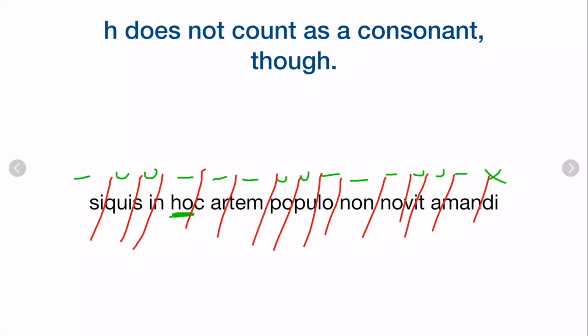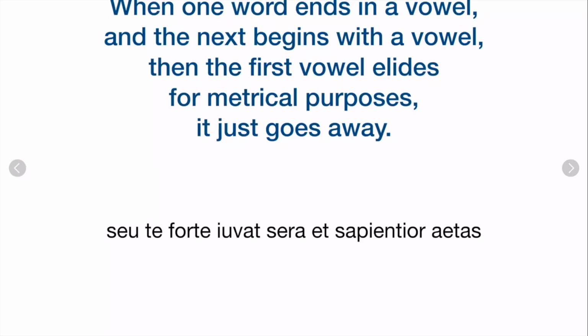Okay? All right. So, one more thing here, elision. When one word ends in a vowel and the next begins with a vowel, then the first vowel elides for metrical purposes. It just goes away. Okay? So, seu, te, for, te, you, what, ser. Okay, so here's a vowel. And there's a vowel.